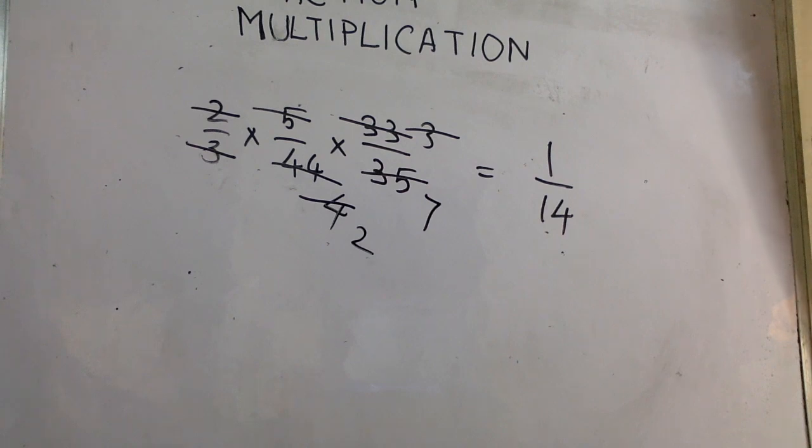Now we shall be taking up another type of question where we'll be using "of". Now this is very important in fraction multiplication. Okay, "of" actually means multiplication. Let us see how.